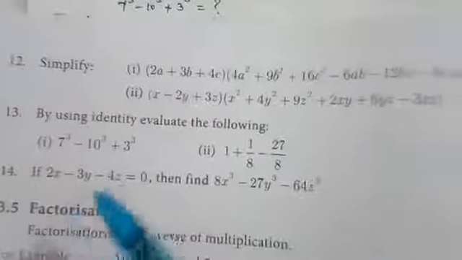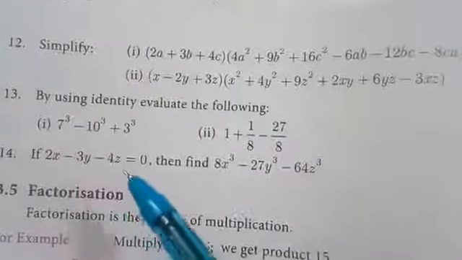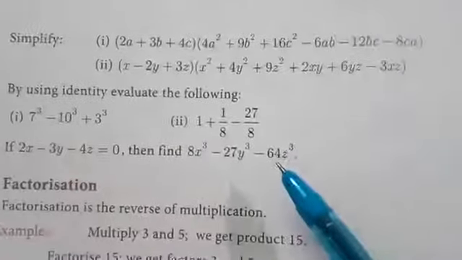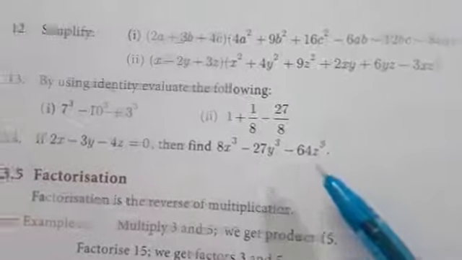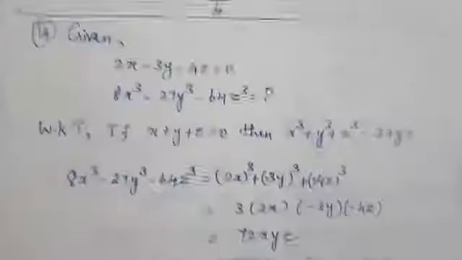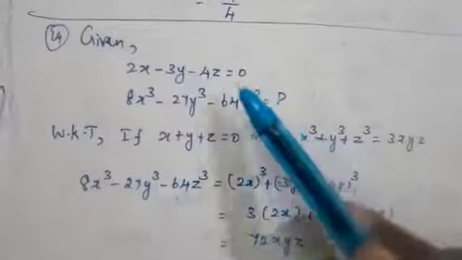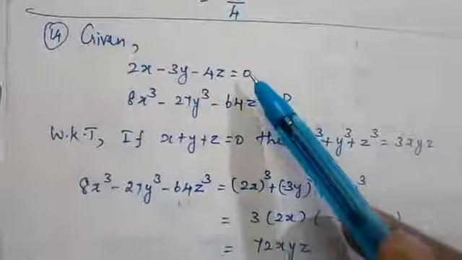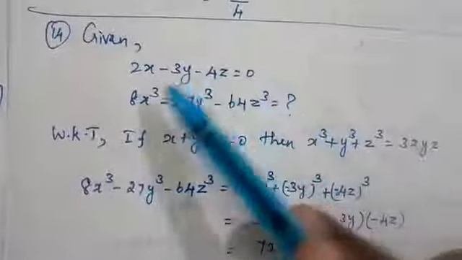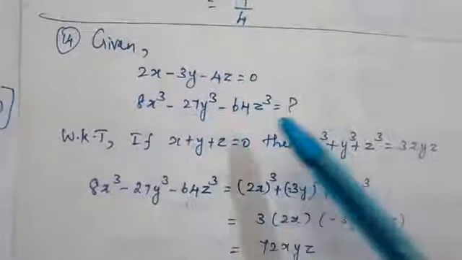14th question, if 2x minus 3y minus 4z equals 0, then find 8x cube minus 27y cube minus 64z cube. Compare with the 13th problem. Here the question itself is given: the sum of these three values equals 0. So we want to find this.